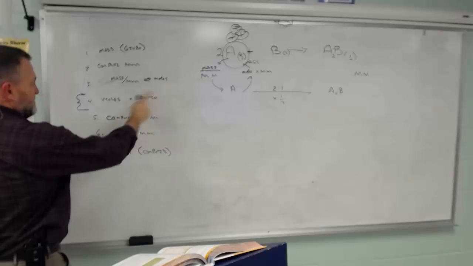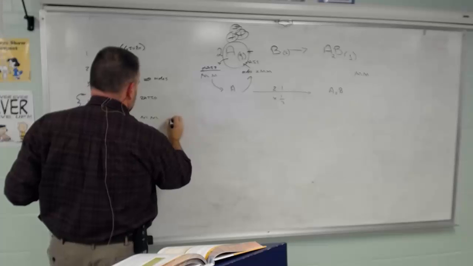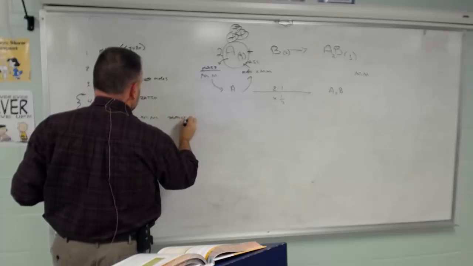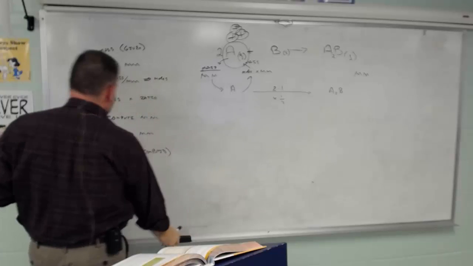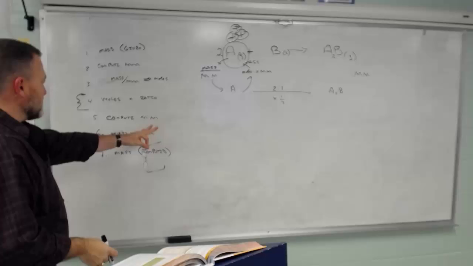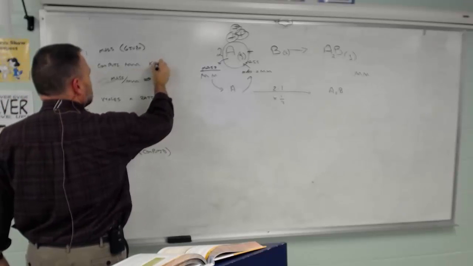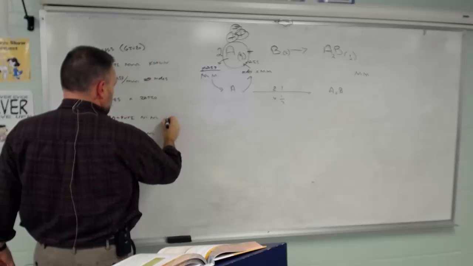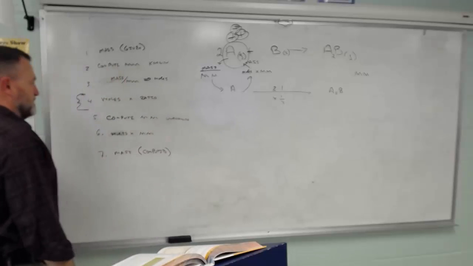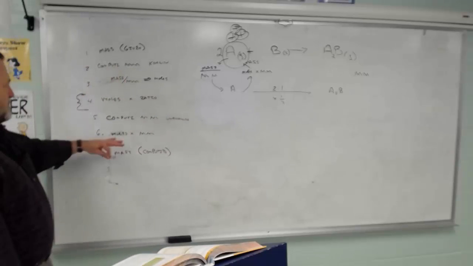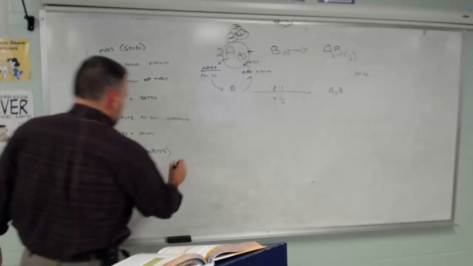The number of moles times the mole ratio, compute the molar mass of the known, molar mass of the unknown. Take the number of moles, multiply by the molar mass, and that gives the mass computed of the unknown.